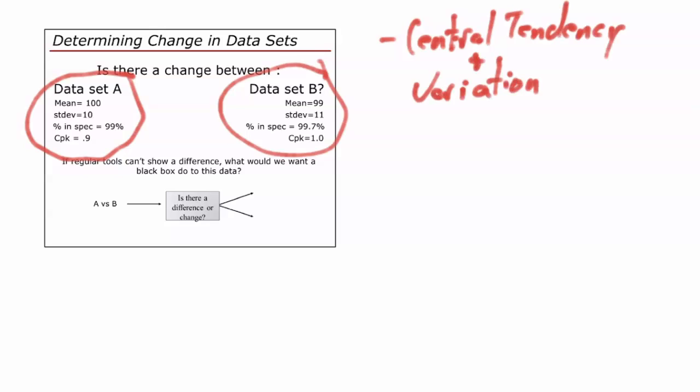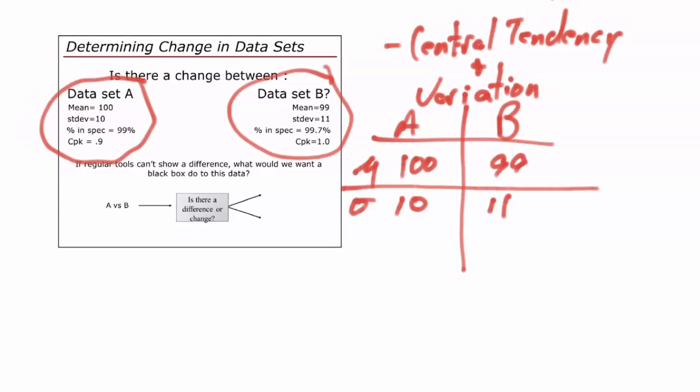I think one way to show that there was a change would be to just compare the descriptive statistics, the central tendency, and the variation that was associated with it. We could set up tables. Another way to show if there was a change between the two data sets would be to take a look at the ability for the process to meet the needs of our customer, some form of process capability statistics, such as percent that are falling within spec.